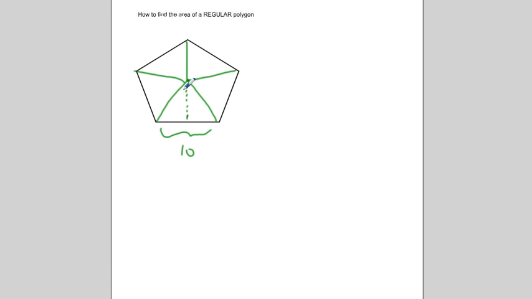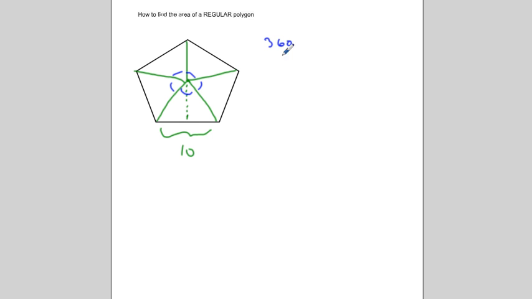Now, if you imagine the distance around, if you drew from here all the way around, is how many degrees? Hopefully you're thinking 360 degrees. Now if I cut that up so I know how many degrees are in each angle, this angle, this angle, and this one, I cut it up into 5 equal pieces.